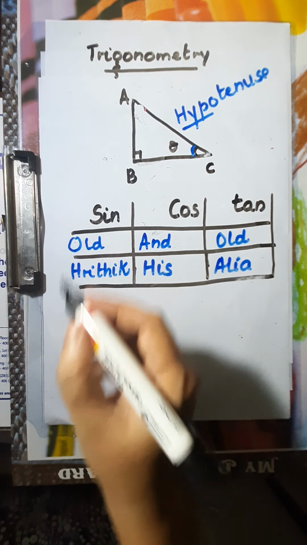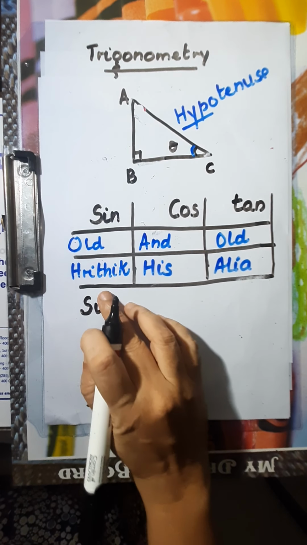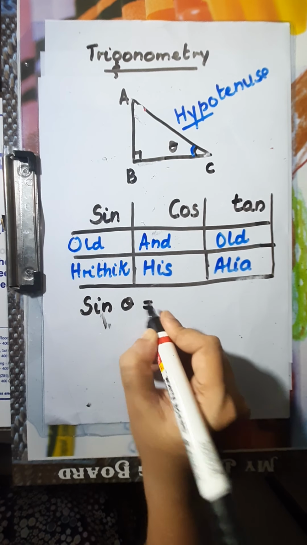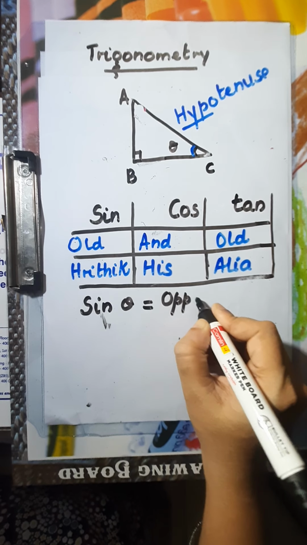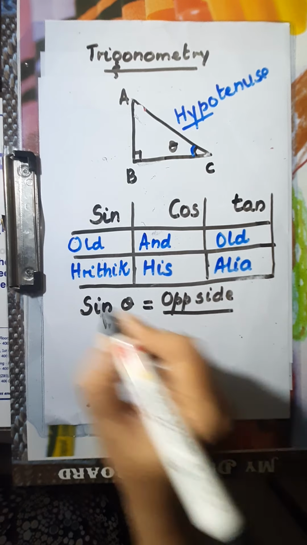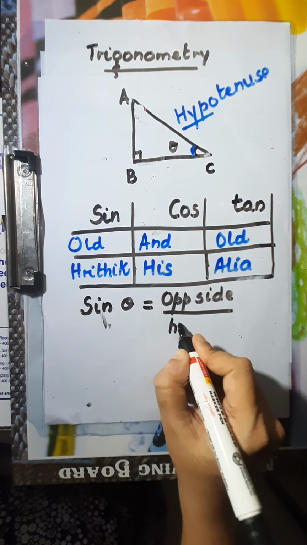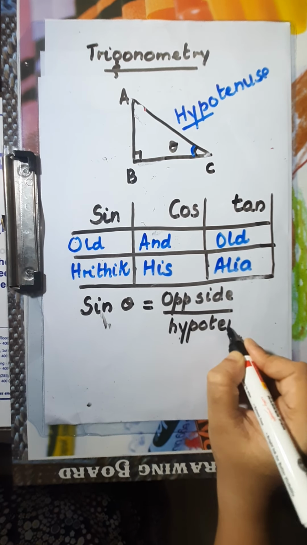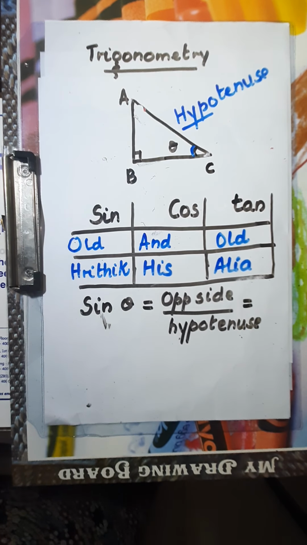So when I talk about sine of an angle, sine of angle theta, I will say sine theta is opposite side upon h, O upon H. H means the hypotenuse.